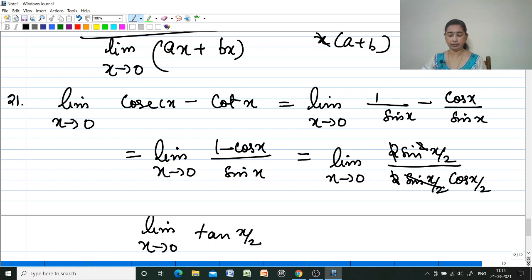And if you are giving x tends to 0 here, tan 0, how to apply for tan x by 2? How will you write the answer for tan x by 2? That is, if x tends to 0, tan x by 2 is 0 itself. Okay.